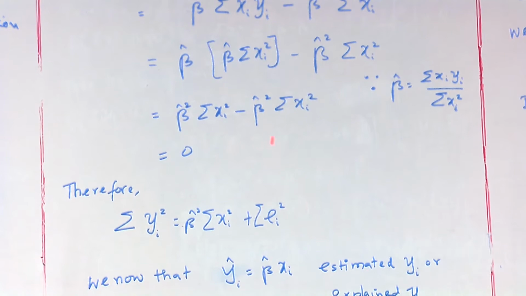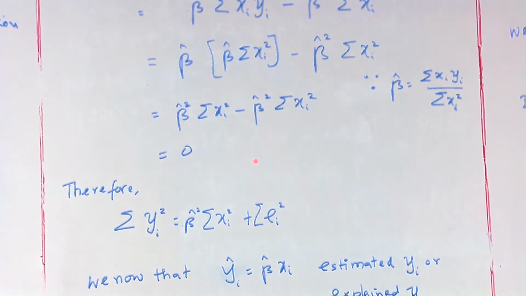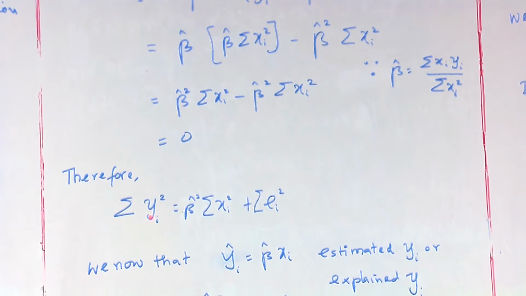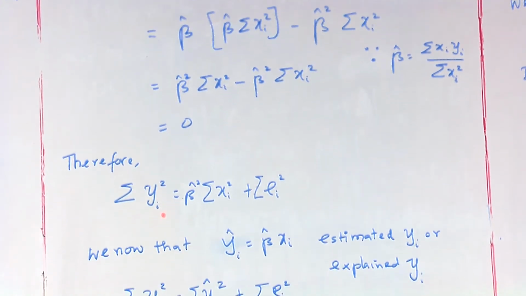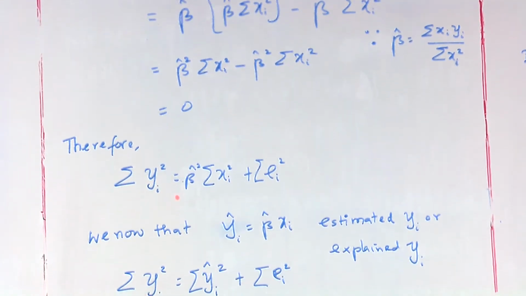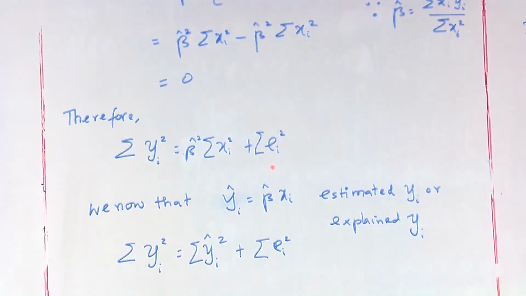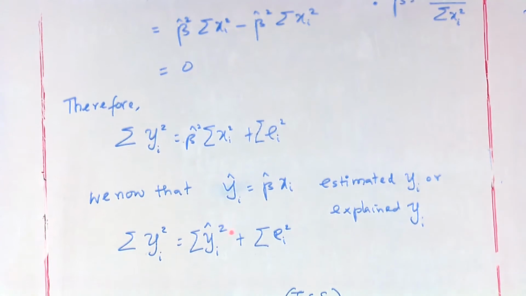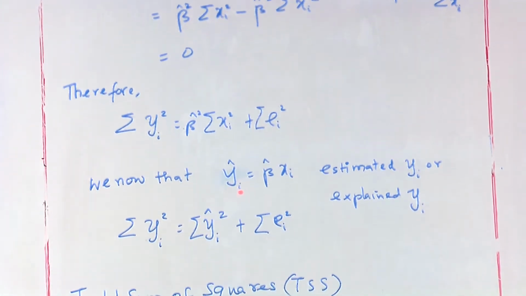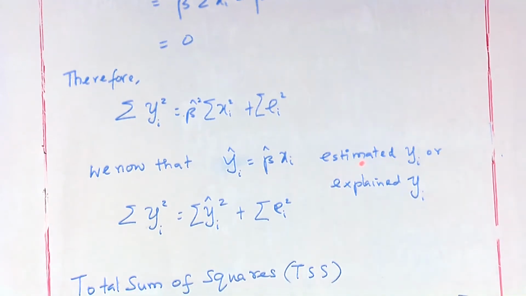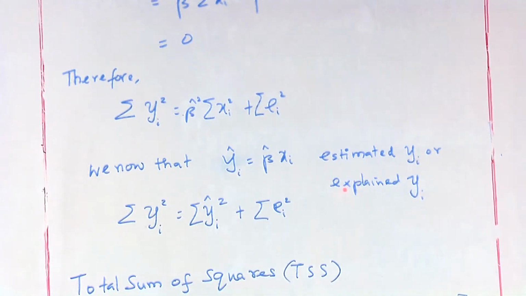So if we substitute in the sigma yi square expression, we get sigma yi square is equal to beta hat square sigma xi square plus sigma ei square. We know that yi hat is equal to beta hat xi, or the estimated yi or explained yi.